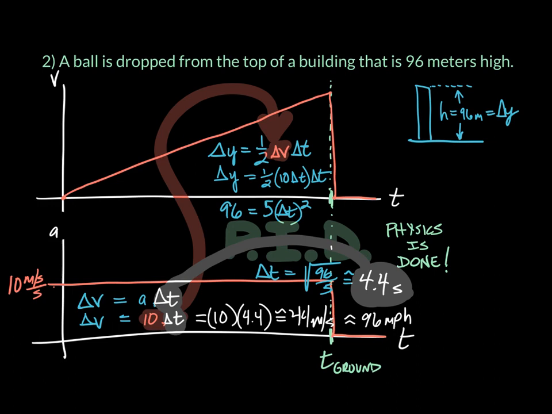So that's cooking. I want to stand back from that. I don't want to catch the ball or have it hit me in the head or anything like that. It's probably going to be a little bit less than 96 because of, like I said, air drag, but it's going to be moving pretty darn fast. All right, so that's how we would use graphical analysis to solve this relatively simple problem.